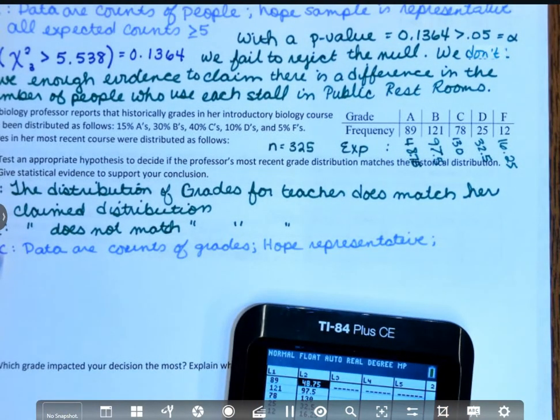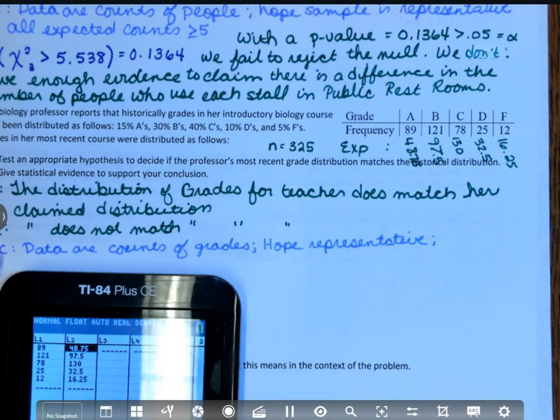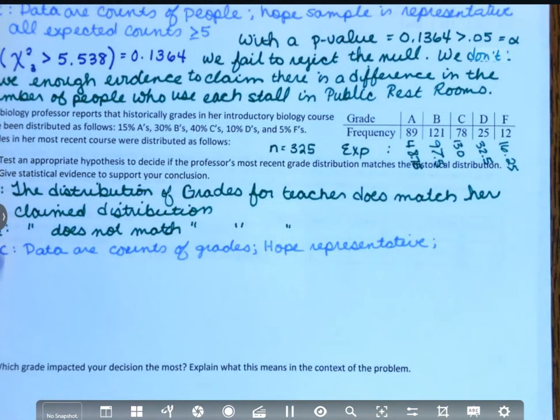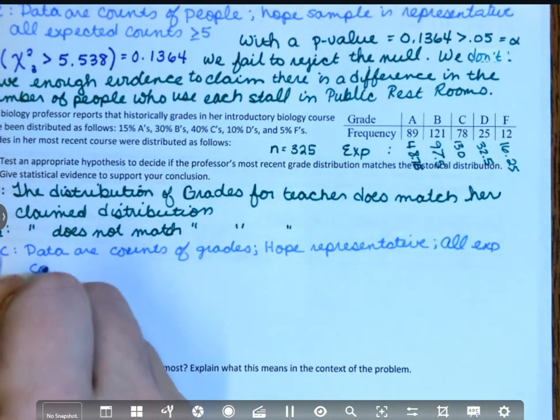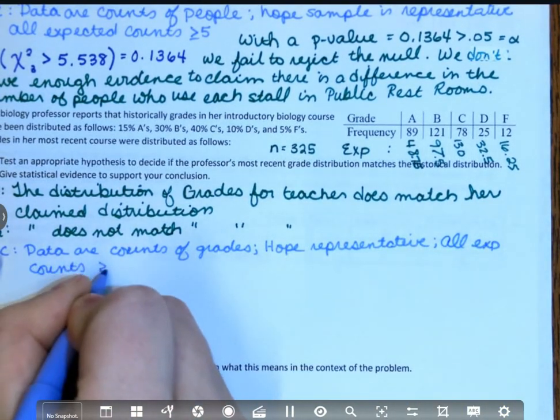So for my assumptions and conditions, what were my assumptions and conditions dealing with the expected counts? Greater than 5. So I can say all expected counts greater than or equal to 5.